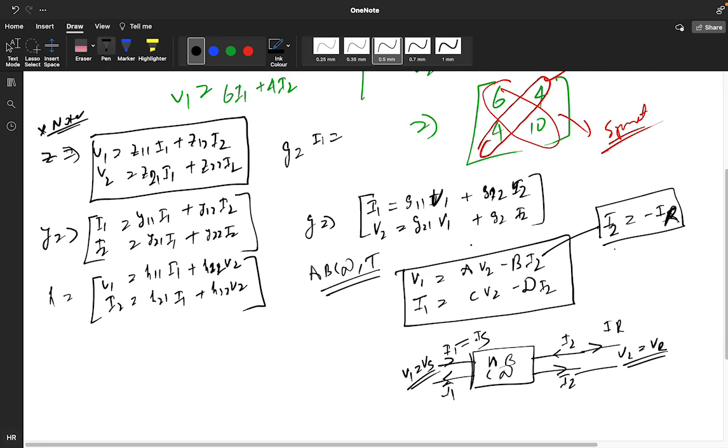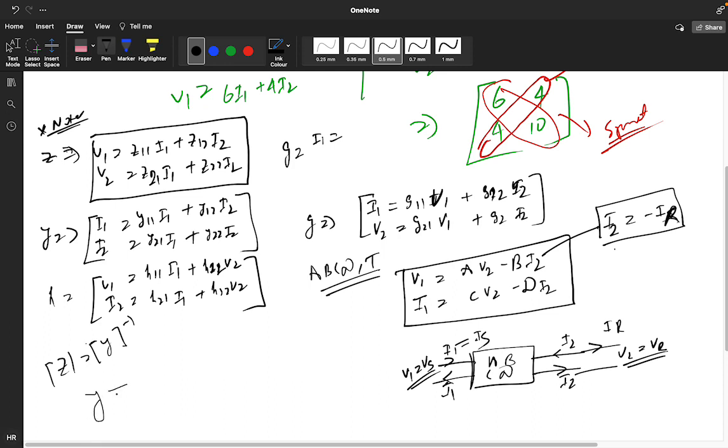And you should also know, you learned the concept now, what is Z11? Z11 is equal to V1 by I1 while making I2 equal to 0. Just manipulate this, and you will get all the answers very easily for your Z parameter, Y parameter, H parameter. There is one relation: your Z parameter is nothing but your Y inverse, and if you have the Y parameter, you can find the Z parameter easily.